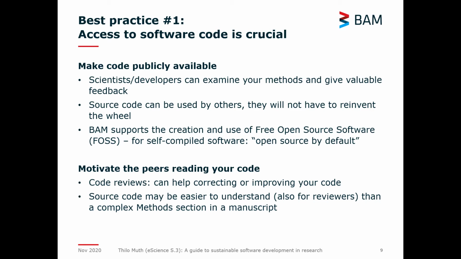As you have seen in the 2 previous slides, there is a metric that the software should be discoverable. That also means that your source code, and not only your software, is publicly available. By doing that, scientists and other developers can examine your methods and also give you valuable feedback.